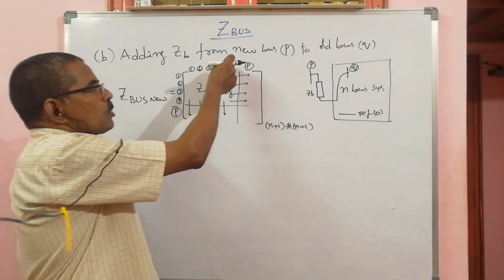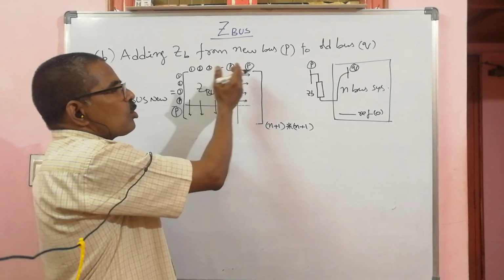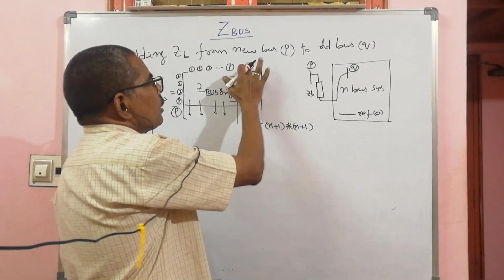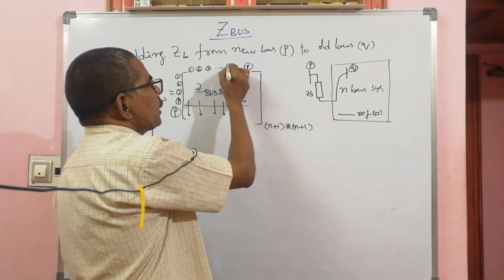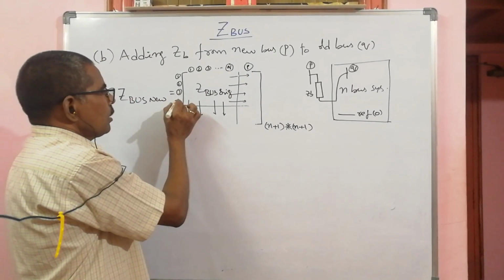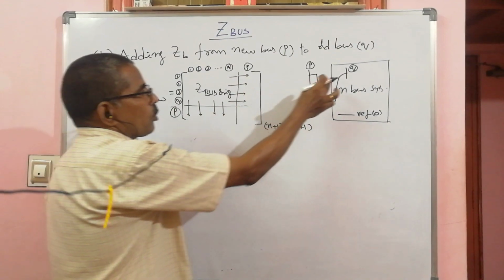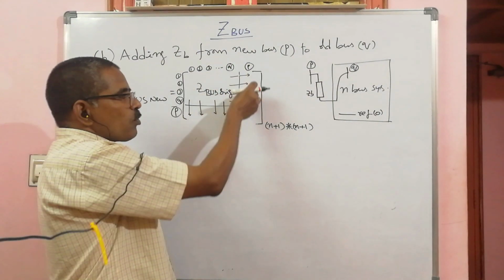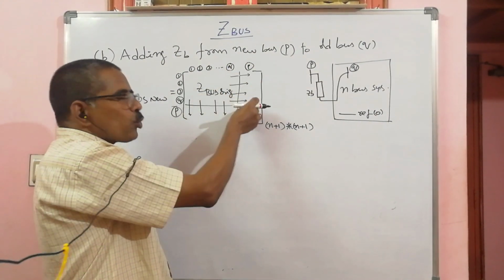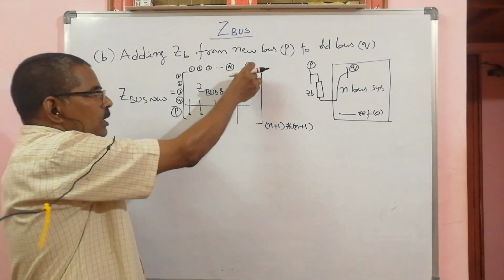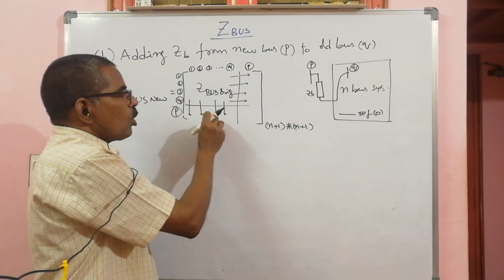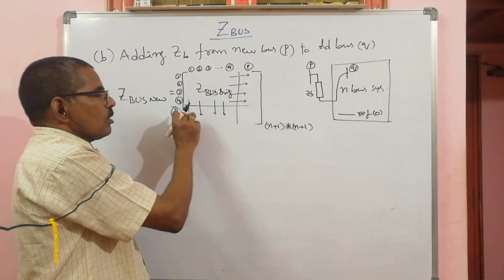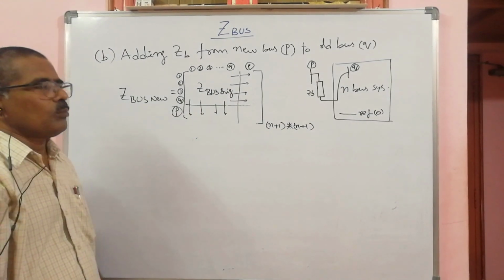So all the qth row elements you transfer to the new pth row, and once these are there, the same values you can copy here, from the qth row you transfer this. Both are the same.